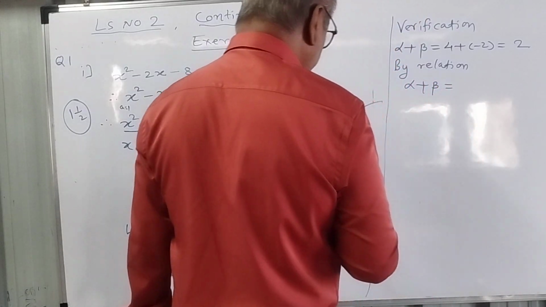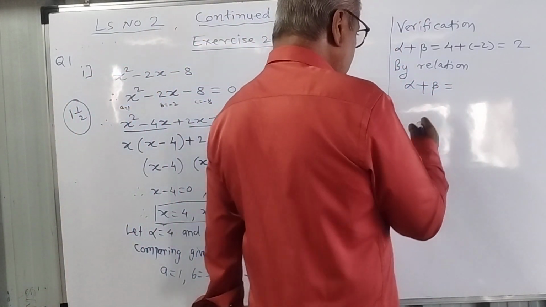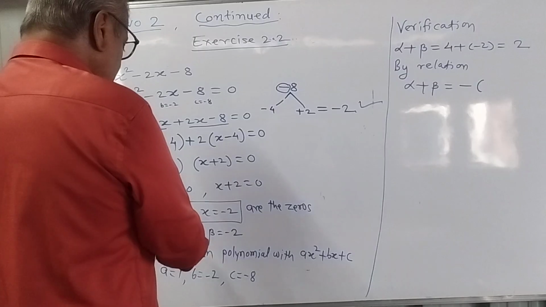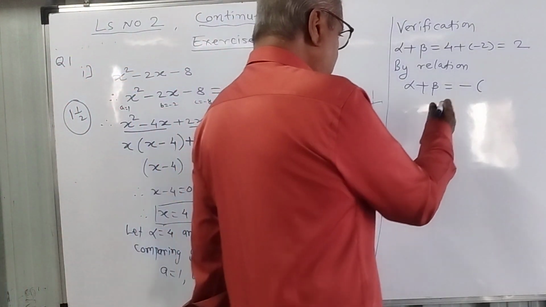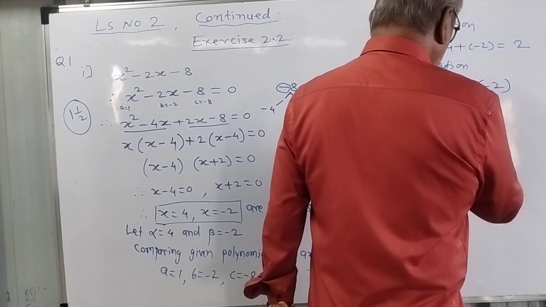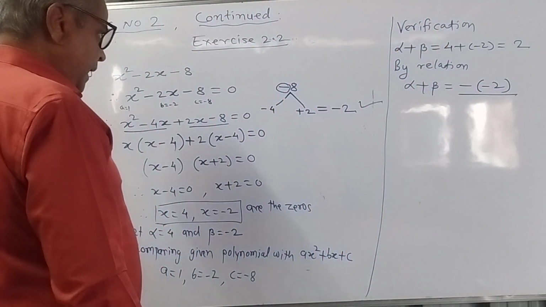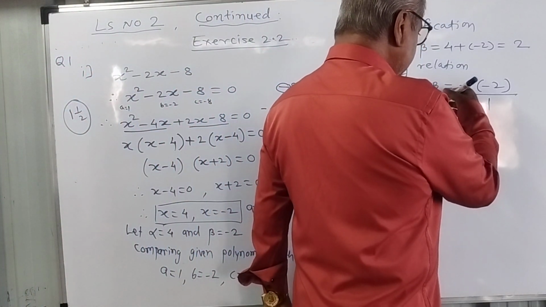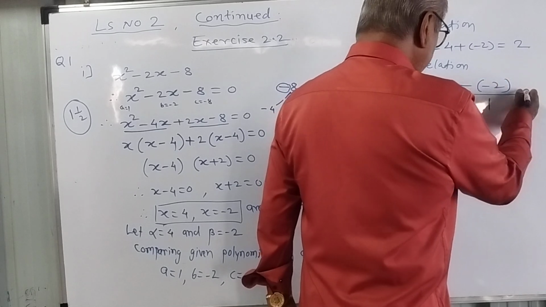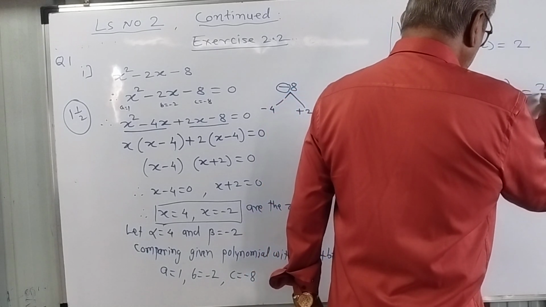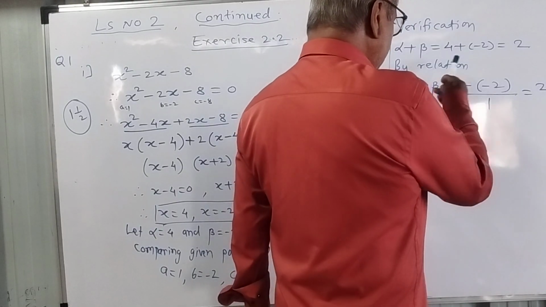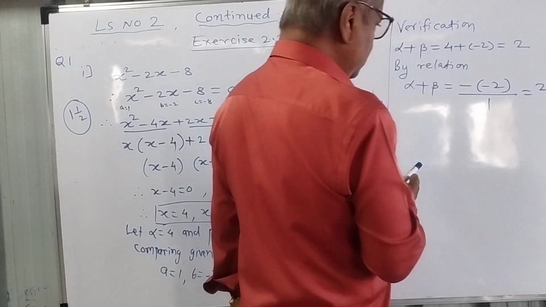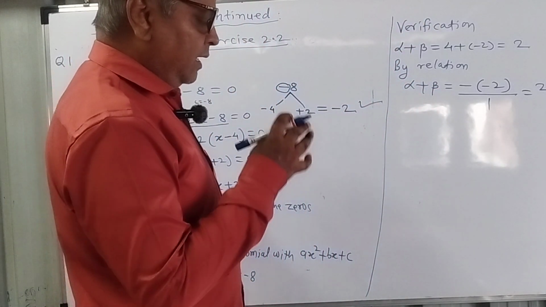Minus coefficient of x, and b is minus 2, upon a is 1. So minus inside the bracket, again minus will become plus. So 2 upon 1, so 2. Here the actual sum is 2 and by relation the sum is also 2. So alpha plus beta relation is verified.